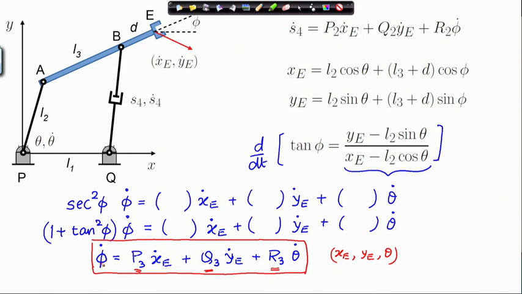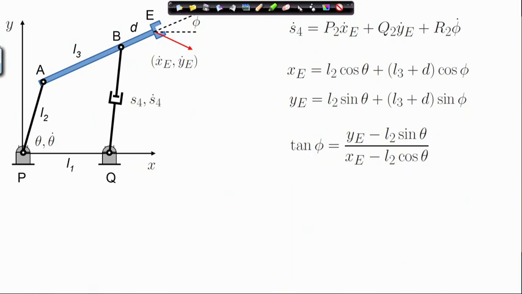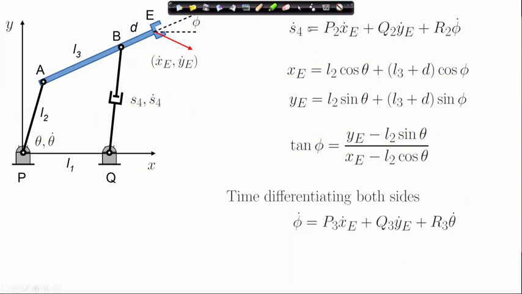So, I have found phi dot in terms of x e dot, y e dot, theta dot, x e, y e, theta. Where these P 3, q 3, r 3 are complicated expressions, which you can easily find out by a little bit of algebra.